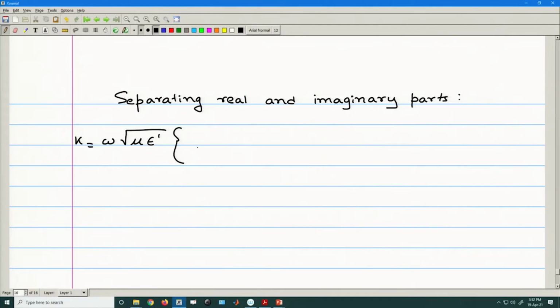For the real part we have only this, 1 plus 1 by 8Q square. And for the imaginary part we will have again this omega mu epsilon prime.